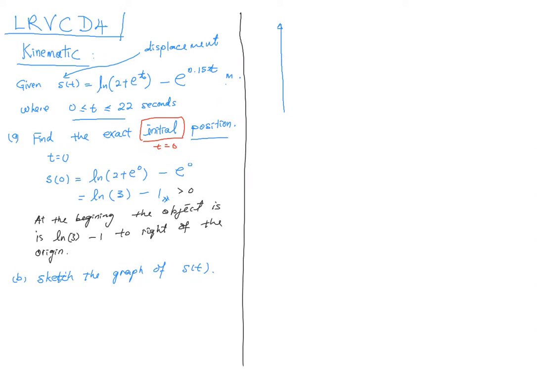This is your S(t) labelled in meters, and this is the t in seconds. Then the graph goes from the origin, goes up in some sort of shape like this, there's an inflection point somewhere, then it cuts the axis somewhere.